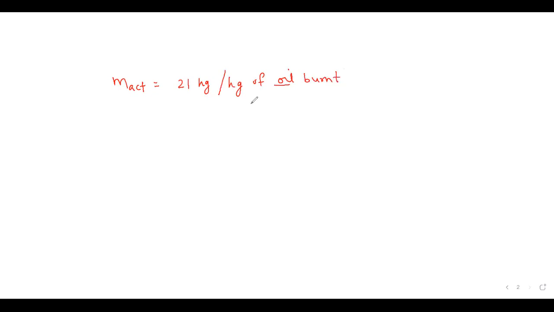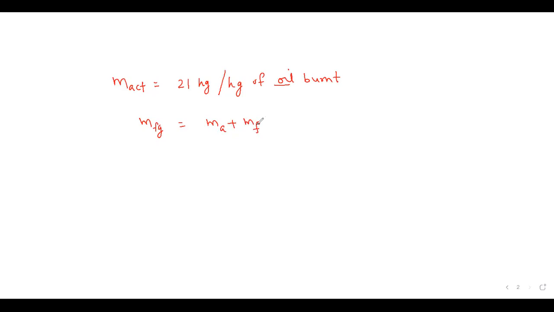Then what would be the mass of the flue gases formed? The mass of the flue gases is mass of air supplied plus mass of fuel supplied.